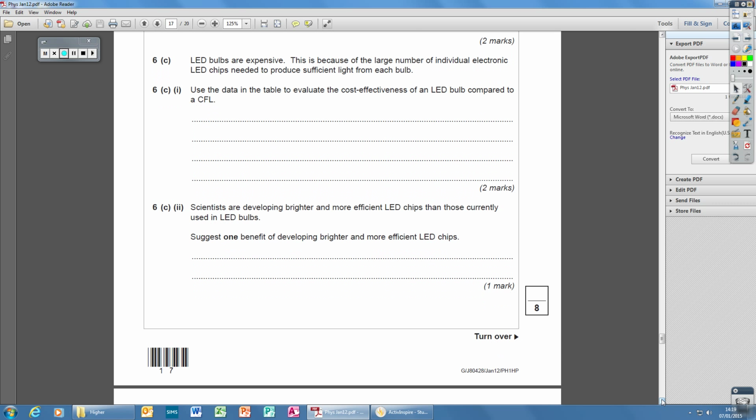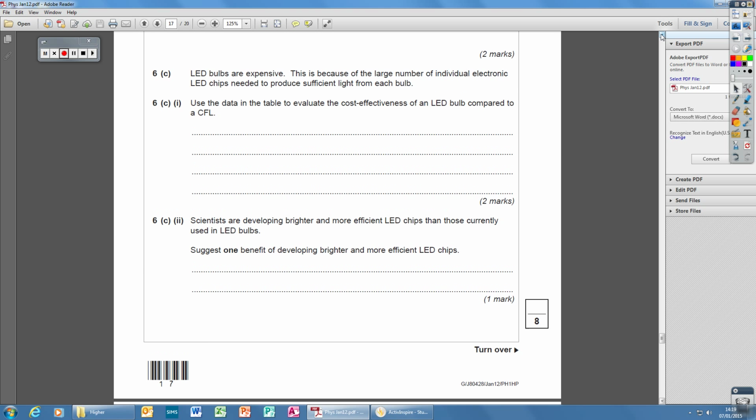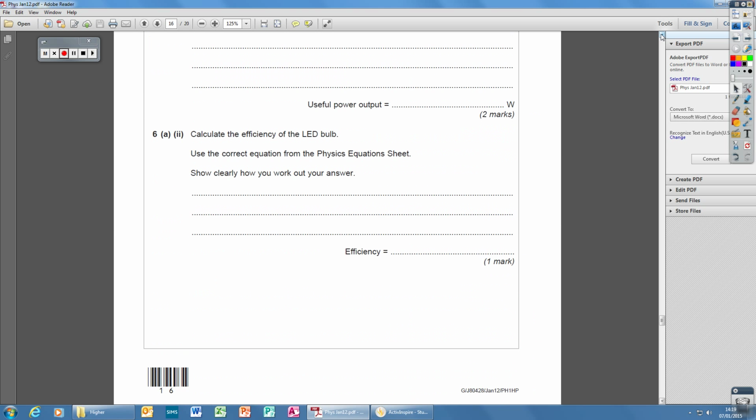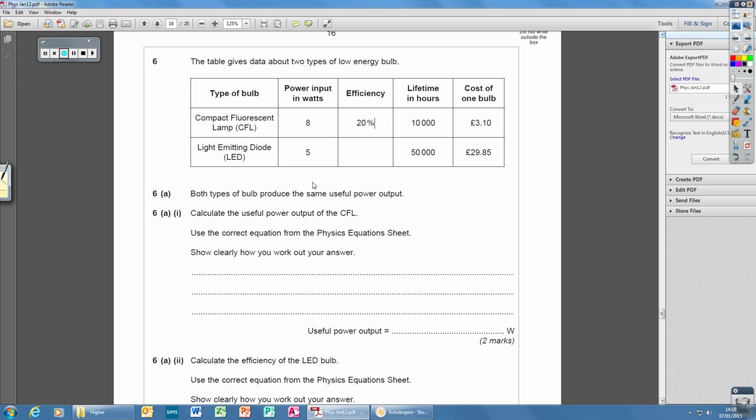So LED bulbs are expensive. This is because of the large number of individual electronic LED chips needed to produce sufficient light. Use the data from the table to evaluate the cost effectiveness of an LED bulb compared to a CFL. Right, well I think we need to go back and fill in some of this detail really, don't we? So that was 32%.